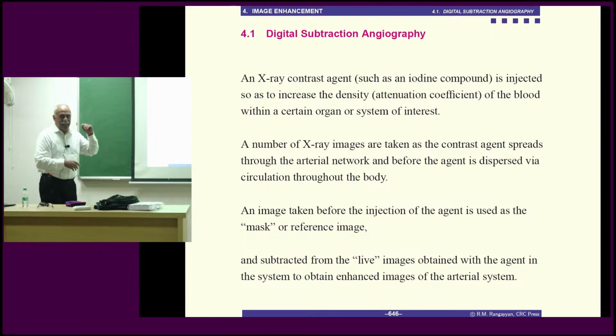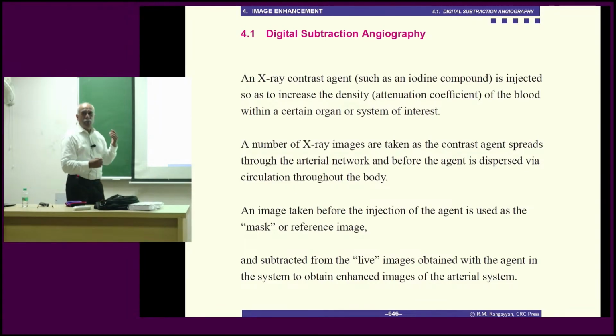In DSA, or digital subtraction angiography, you take a picture of the patient first, and then you inject an X-ray contrast medium, an iodine compound, which is a heavy substance, so more attenuation, and it fills the blood vessels, and the blood vessels will attenuate the X-rays more than before.